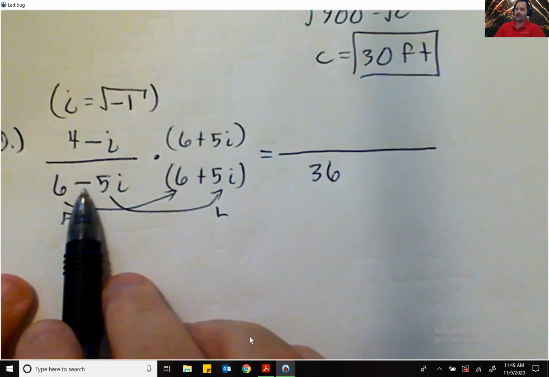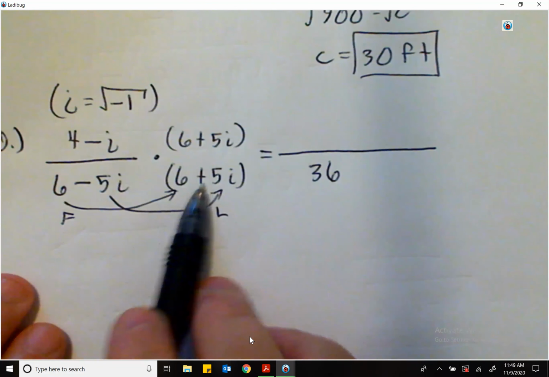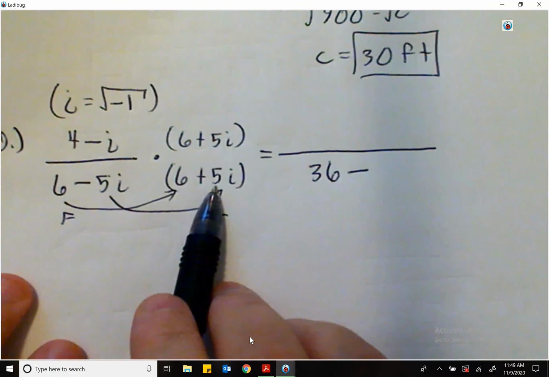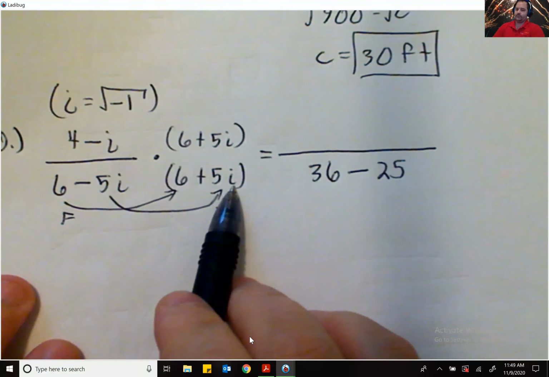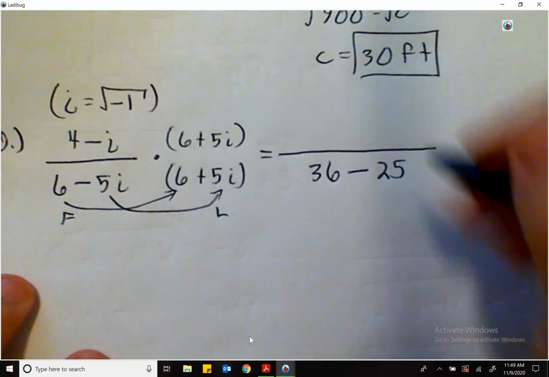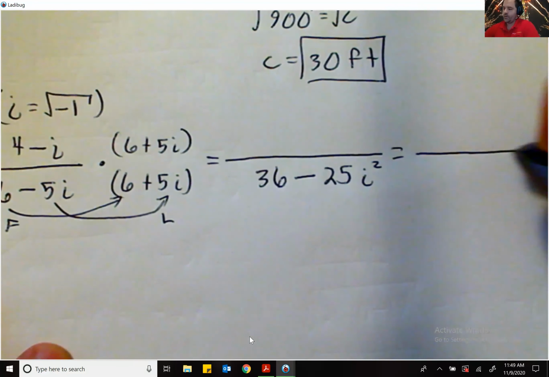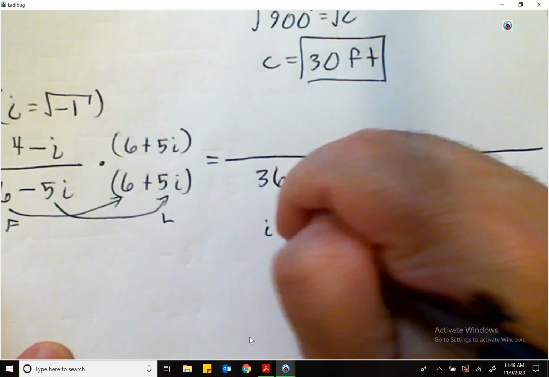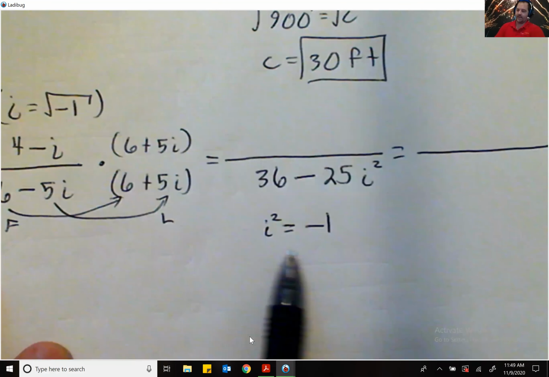What's a negative times a positive? Negative. 5 times 5? 25. And i times i? i squared. Now, whenever you have an i squared, I need you to remember that i squared is really just a -1 in disguise.